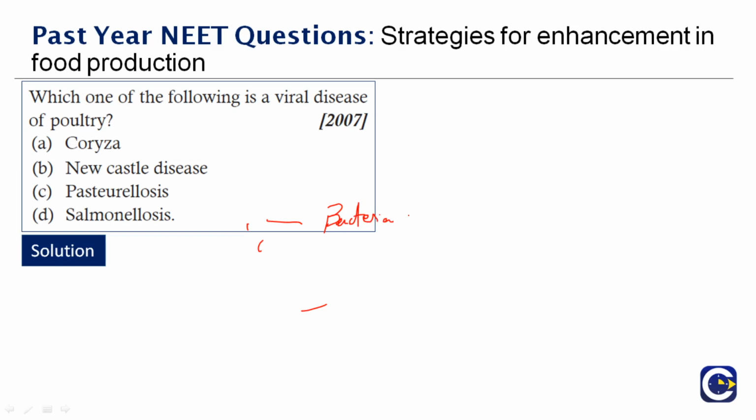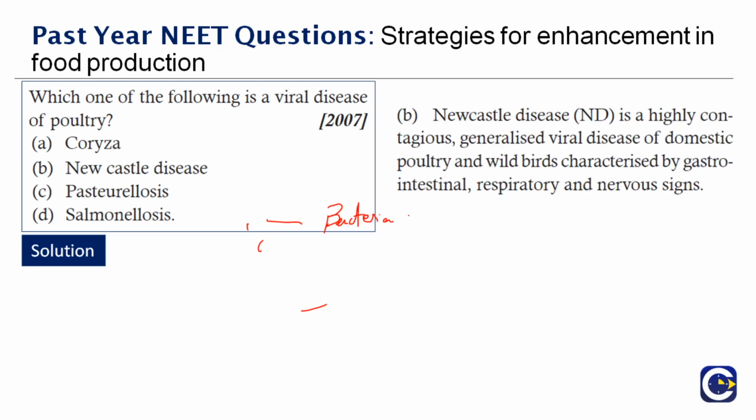The right answer is Newcastle disease, which is a highly contagious generalized viral disease of domestic poultry and wild birds, characterized by gastrointestinal, respiratory and nervous signs. The viral disease is option B, Newcastle disease.